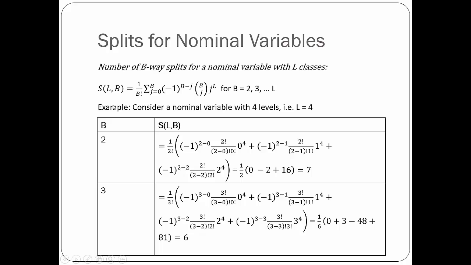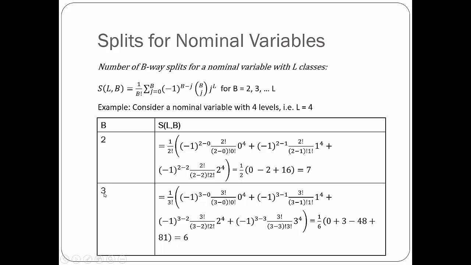Now we will not list all of them. For example, take the case of a 4-level nominal variable, not ordinal like the 4-level ordinal we saw previously. Now B can be either 2, 3, or 4. If B equals 2, you get 7 possible binary splits. Three-way splits, there are 6 of them.